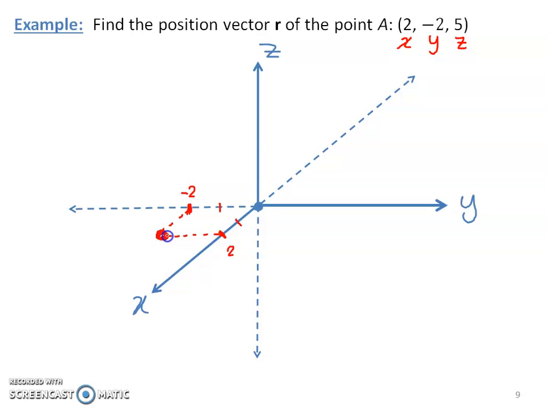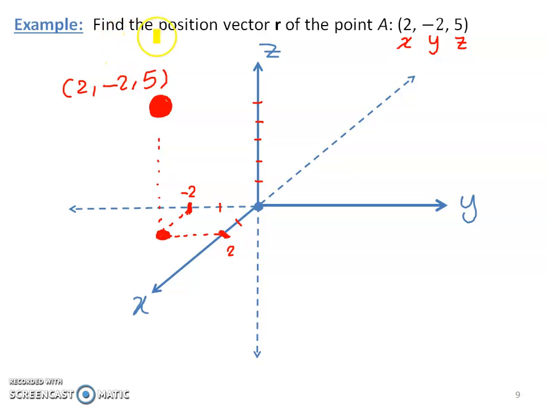They will meet here. So this is (2, -2). Then we have 5 from z. So height will be 5 from z. Suppose this is 1, 2, 3, 4, 5. So it will be here. So this point here is (2, -2, 5).